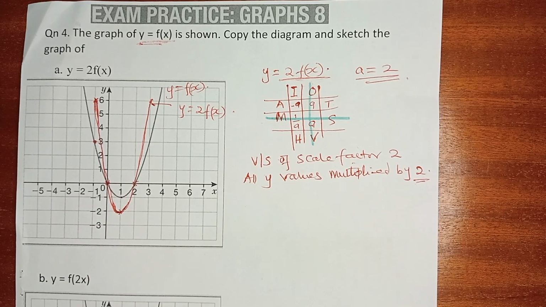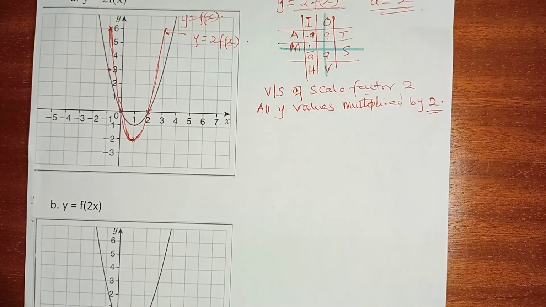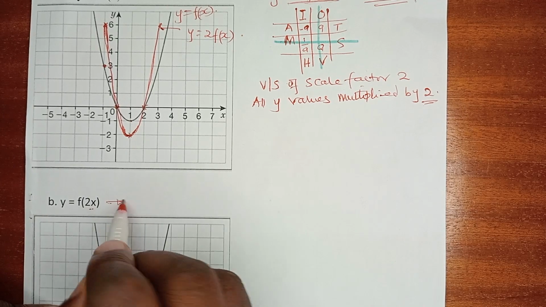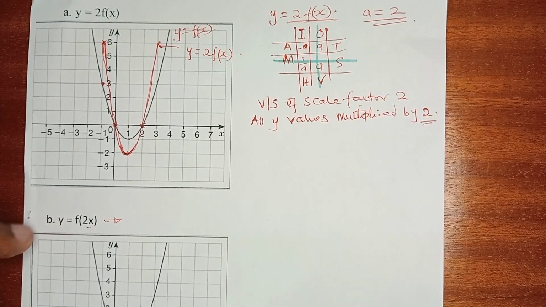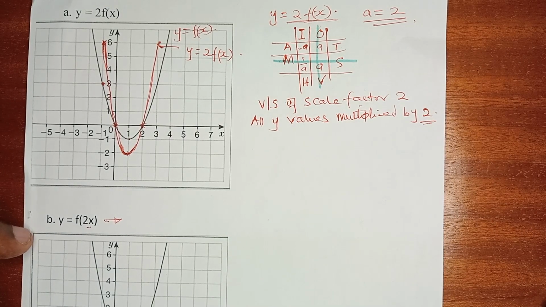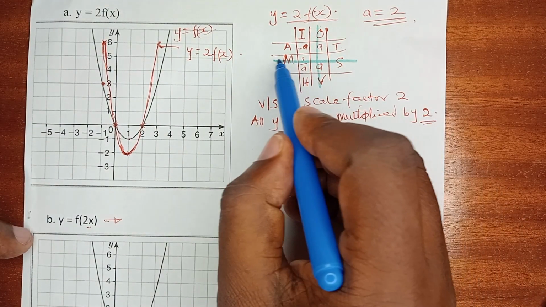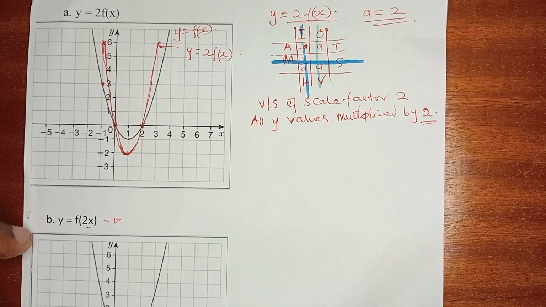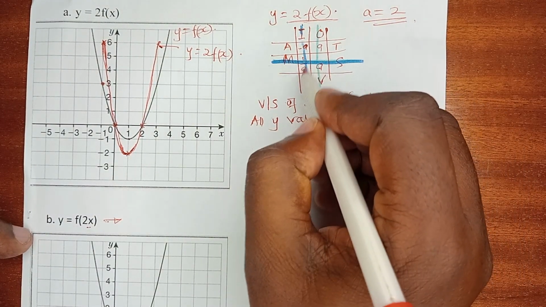The second question, as you can see, it is basically multiplication, but this time inside. This is multiplication but inside this time round. And as you can see, this one is 1 over a.